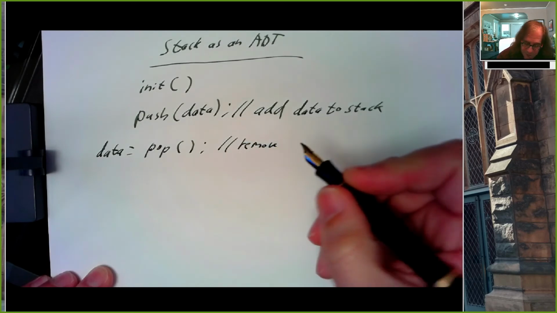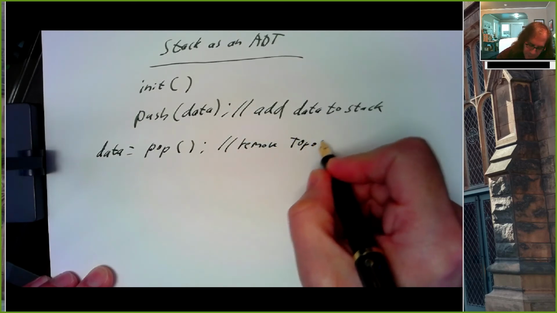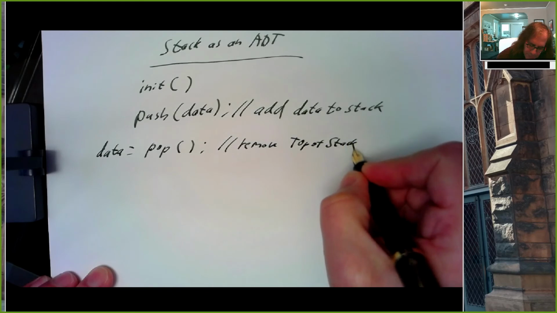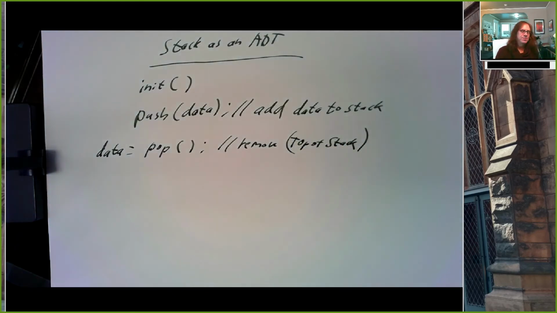And we're removing from the top of the stack, because that's all we ever do with a stack. We pull off from the top, we insert into the top. So push and pop are the 2 main actions that we do with stacks. Push adds something to the stack, pop removes something from the stack.